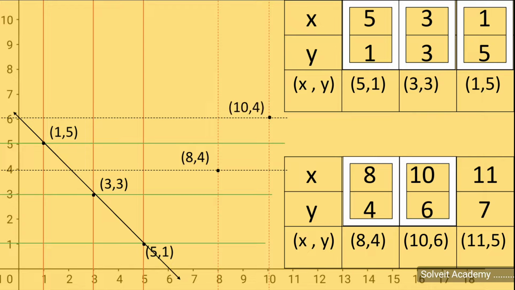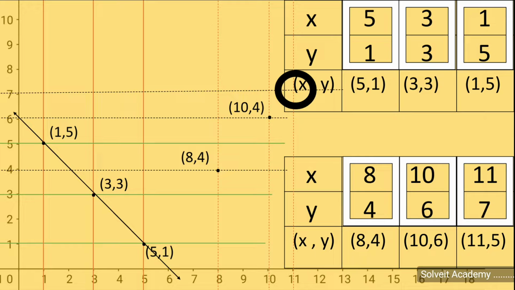Now in case of 11 and 7, the x value is 11 and y value is 7. The line will cut the x-axis at the point of 11, and a line will cut the y-axis at the point of 7, and the intersection of these two lines has the x value 11 and y value 7. This is the required point whose coordinates are 11, 7.